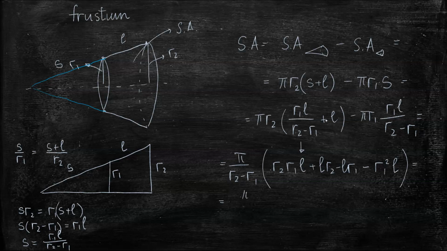We can take out L, so we have pi L over R2 minus R1, and here, if I combine this term and factor out R1, we get R2 minus R1, and then we combine these two, we get something's missing here. Hold on. We should have R2 here somewhere.